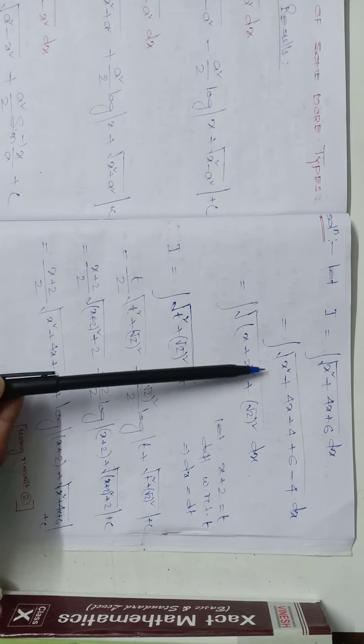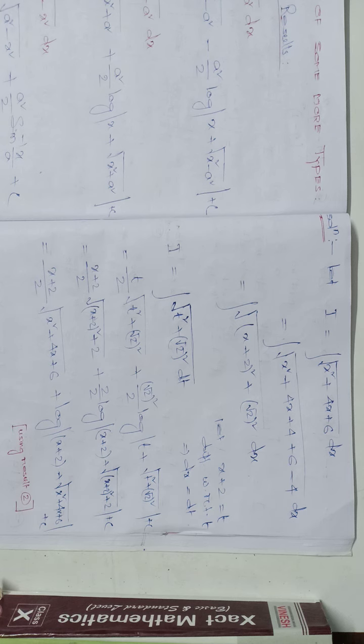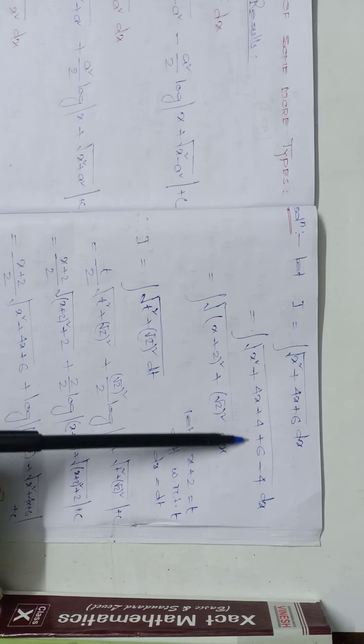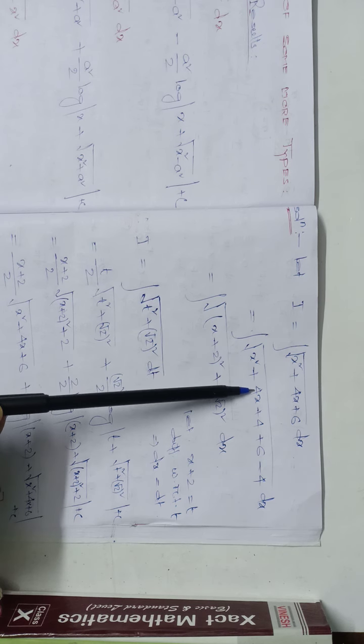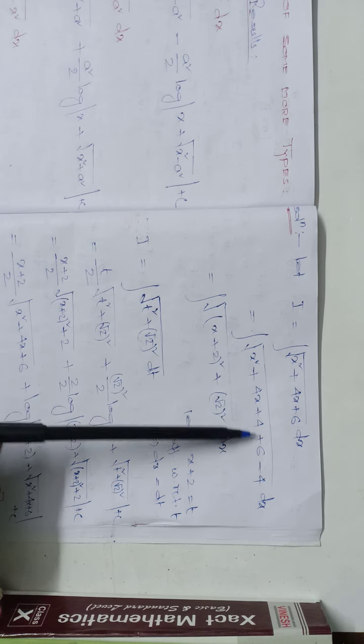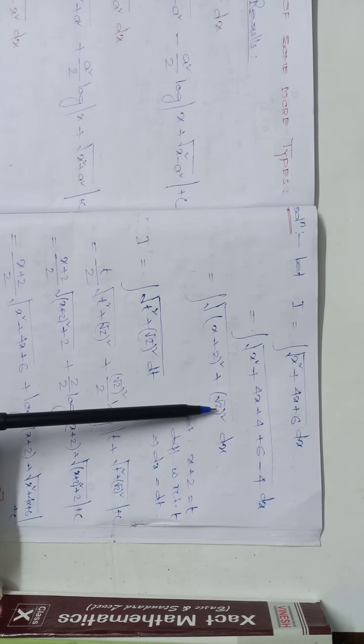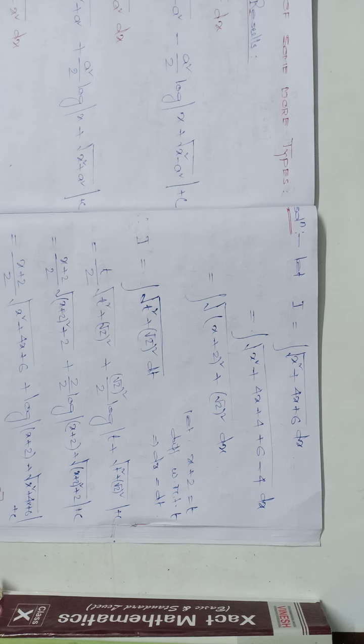Okay, so we can write x square plus 4x plus 4 and plus 6 minus 4. Now these three terms will have the result a square plus twice ab plus b square. So we can write x plus 2 whole square plus 6 minus 4 means 2. So 2 we can write as root 2 whole square.